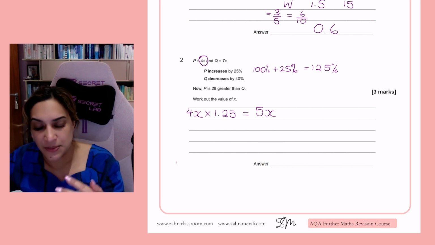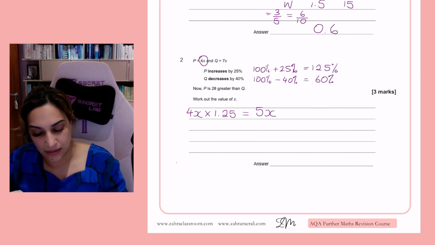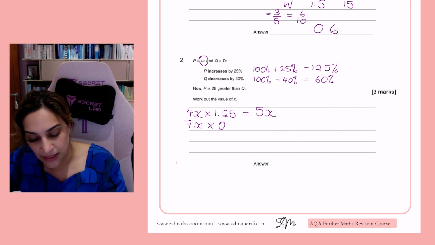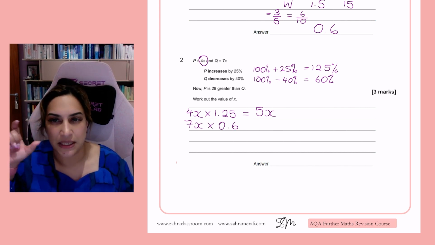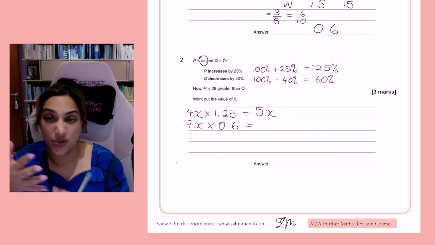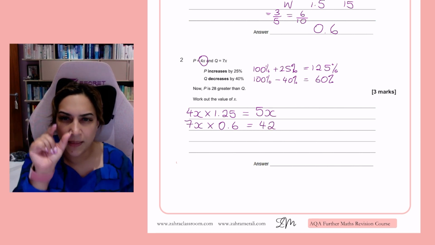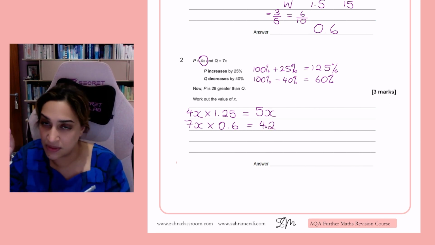Q decreases by 40%. So instead of adding, we're subtracting, so we end up with 60%. We're taking our Q of 7x and multiplying it by 0.6, because we're taking that 60% and dividing by 100. So we could do 7 times 6, which gives us 42. There's one number behind the decimal place, so we need to divide it.